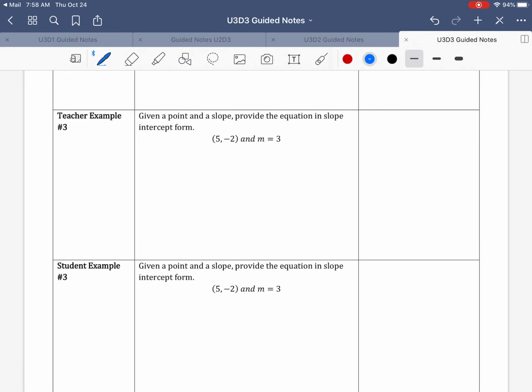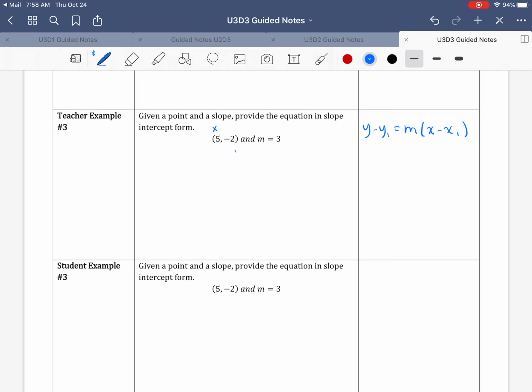The last teacher example asks you to provide an equation in slope-intercept form when you're given a point and a slope. So, like you might see given this information, we have an equation called point-slope form: y minus y1 equals m parentheses x minus x1.